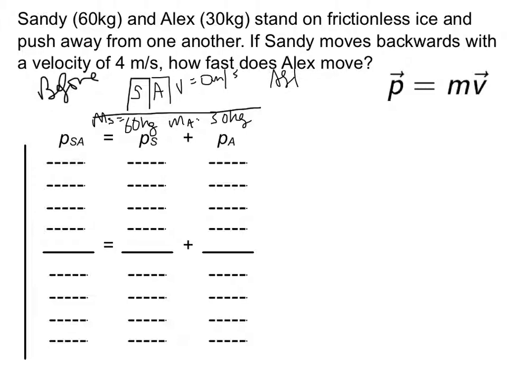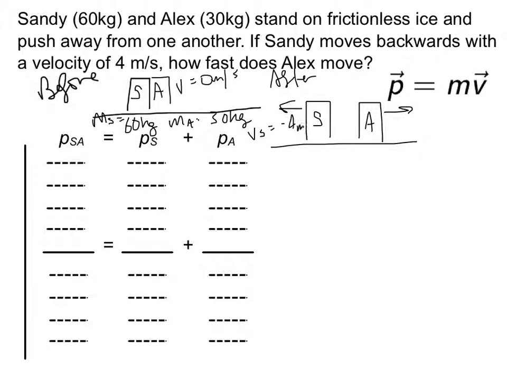After they've pushed away from each other, so we have Sandy going backwards, and we have Alex going forwards. The velocity of Sandy afterwards is negative 4 meters per second. The velocity of Alex is unknown.